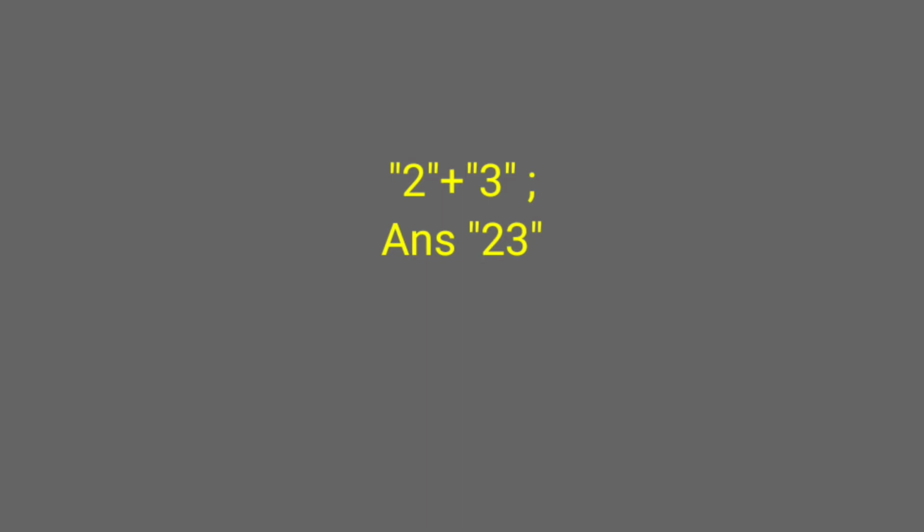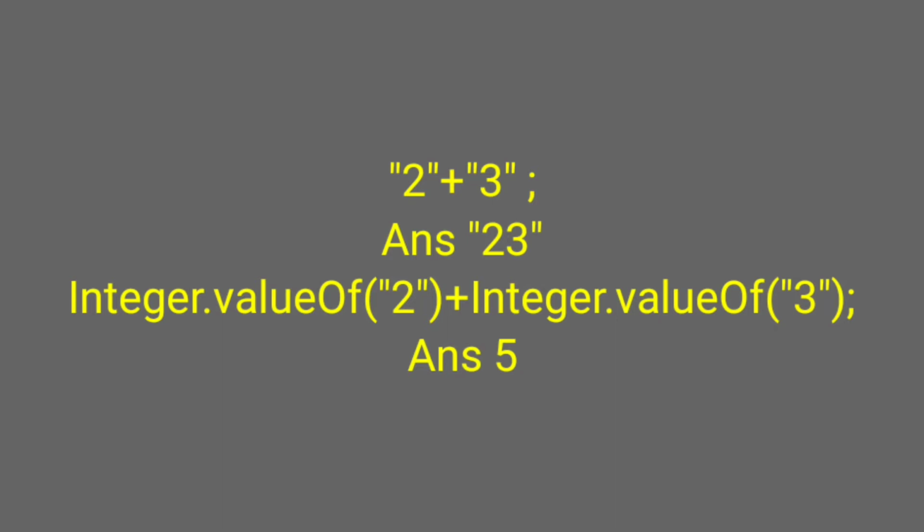But if we convert the strings into integer values, then we write: Integer.valueOf("2") plus Integer.valueOf("3"). Firstly the 2 and 3, which are string values, will be converted into integers, then plus will add these, and now the answer will be 5, because 2 and 3 are converted into integers. So the valueOf method is used to convert any string value to its actual value.